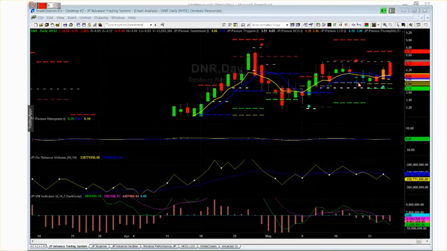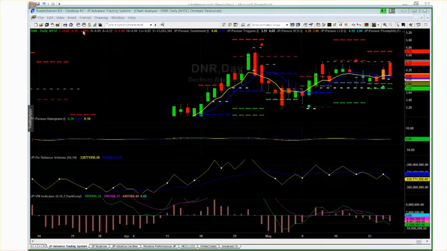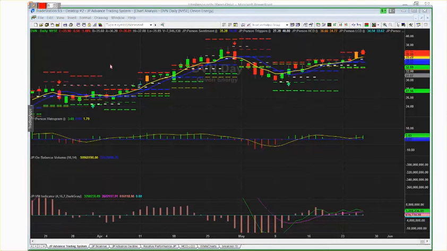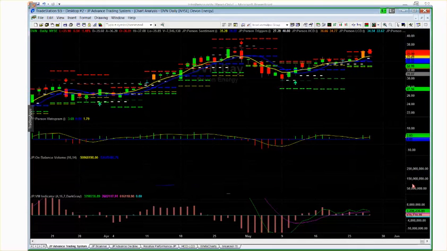And then let's take a look at DVN, Devon Energy. Pretty much a very extremely similar pattern. Doji over here, high closed doji. It didn't have as pronounced of a decline today that DNR did, but the same kind of pattern, the same doji, the same day.